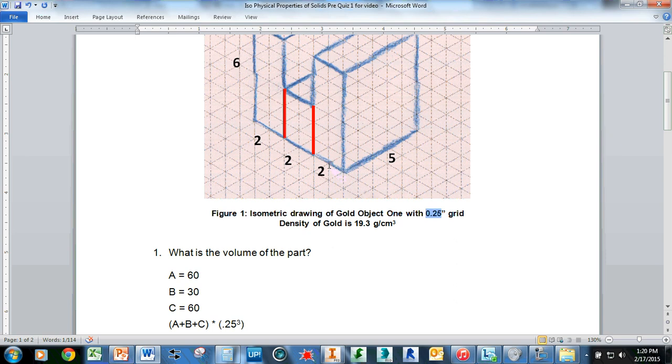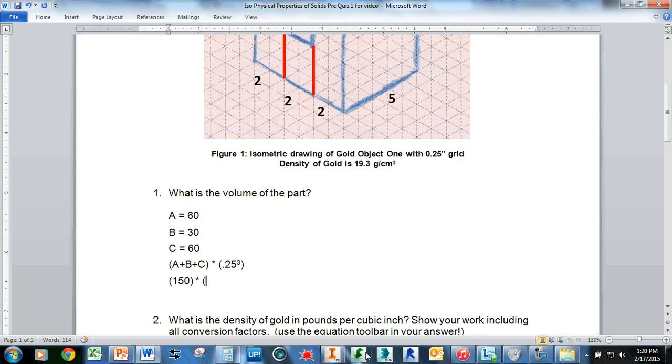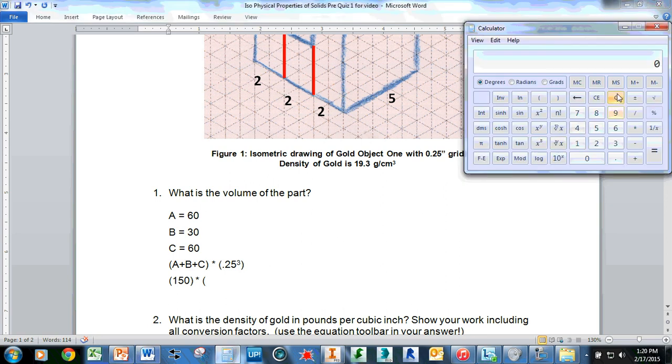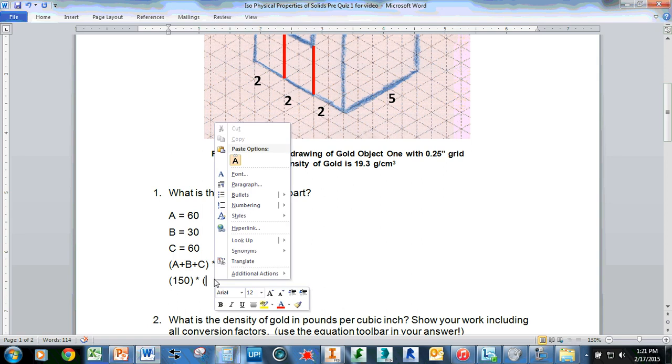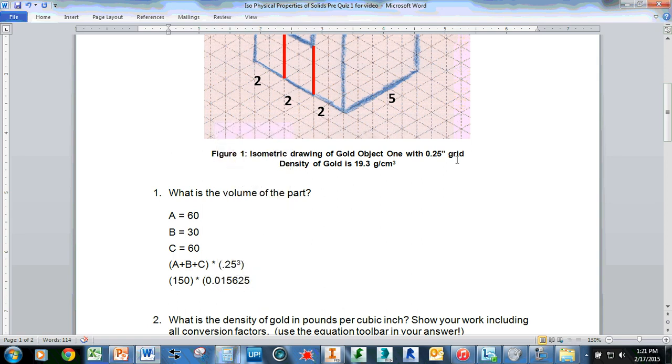So it's 0.25 wide, 0.25 tall, and 0.25 deep. So we have to take 0.25 and then cube that number. And using our calculator, 0.25 cubed, x to the third, is 0.015625. So we can bring that over here, paste that in, and now we have math to do from there.